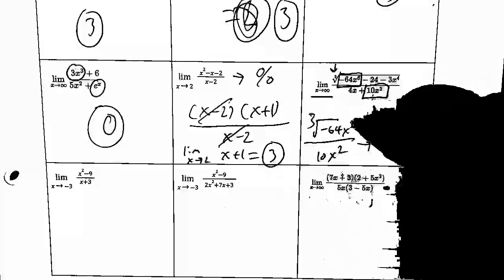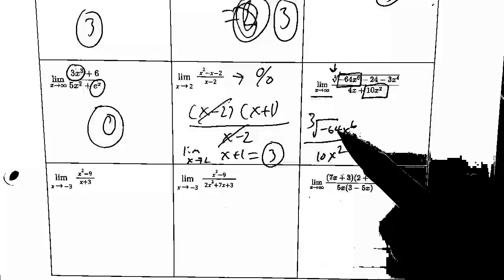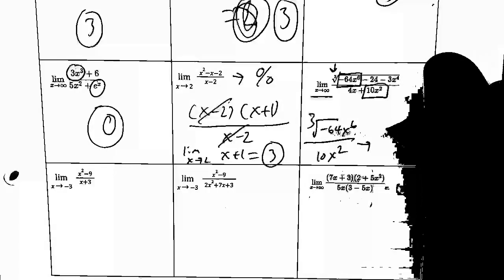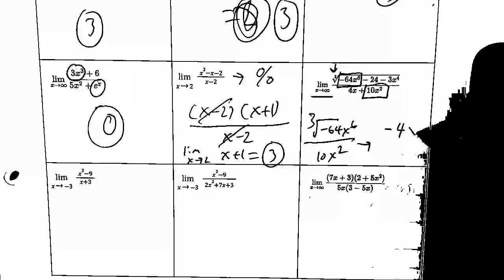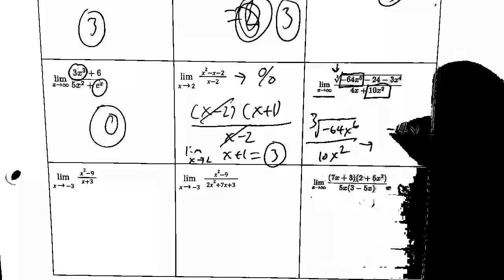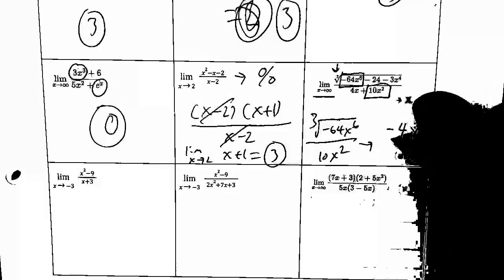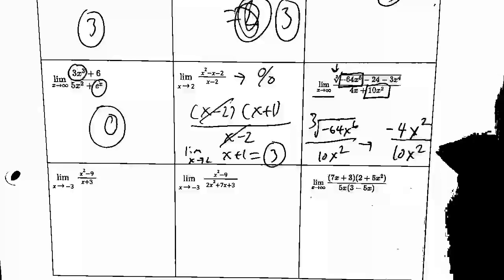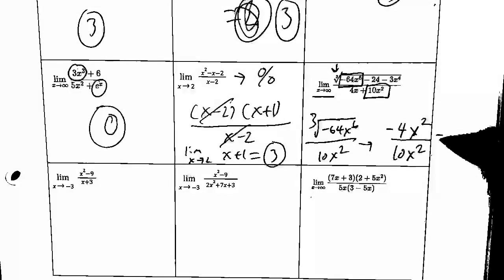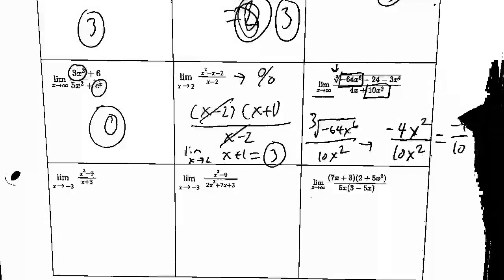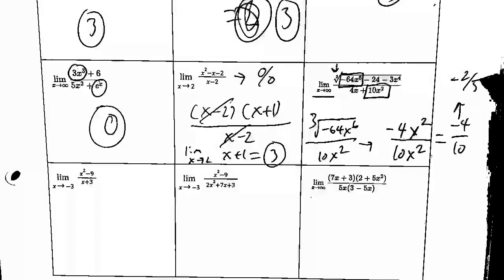If we simplify that top, the cube root of negative 64 is negative 4, and the cube root of x to the 6th is x squared. This is negative 4x squared over 10x squared. Since we have a tie here, our limit is going to be negative 4 tenths, or negative 2 fifths.